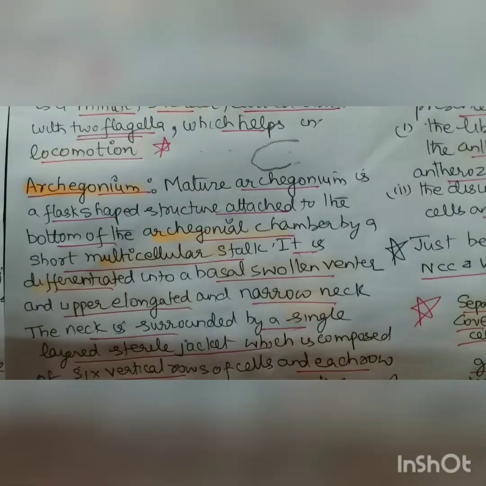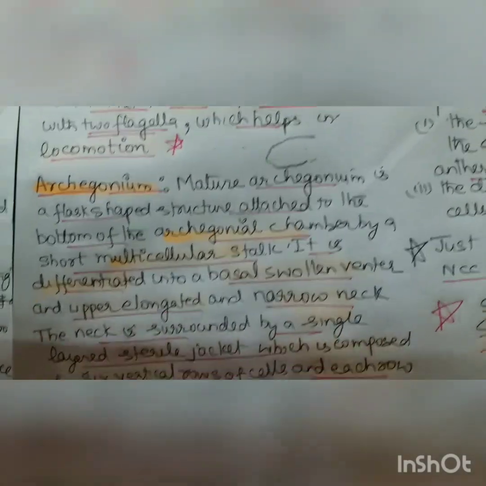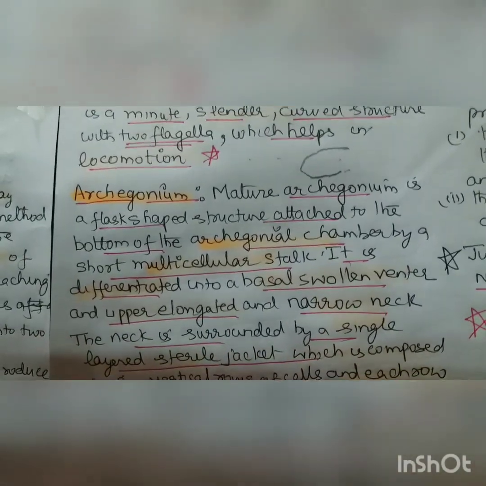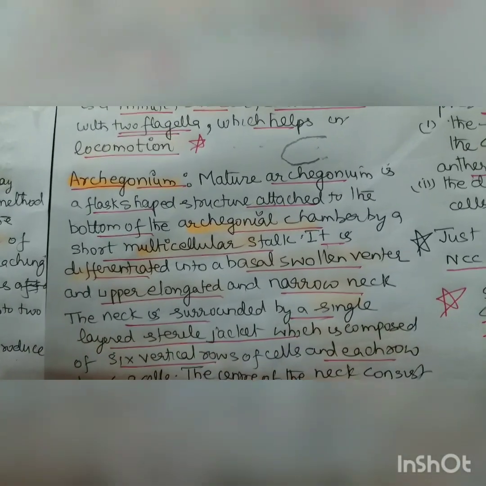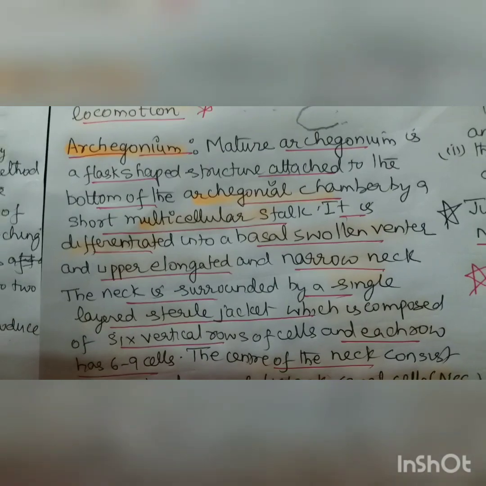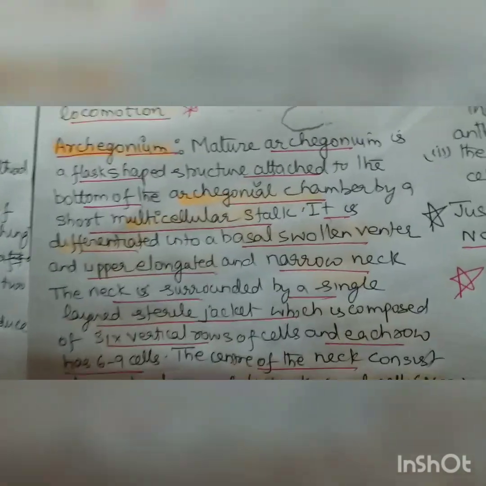So now we are coming to the next part, that is the archegonium. The mature archegonium is a flask-shaped structure attached to the bottom of the archegonial chamber by a short multicellular stalk, same as that of the antheridium. It is differentiated into a basal swollen venter and an elongated neck.